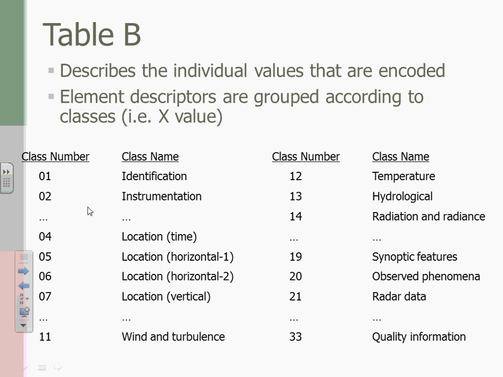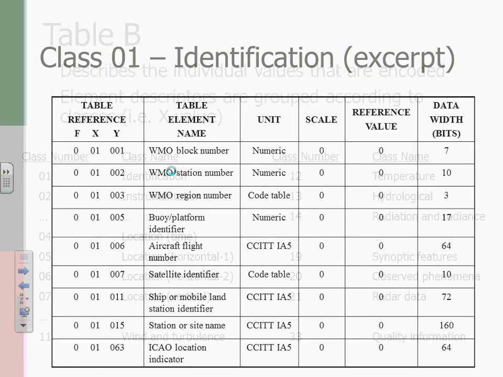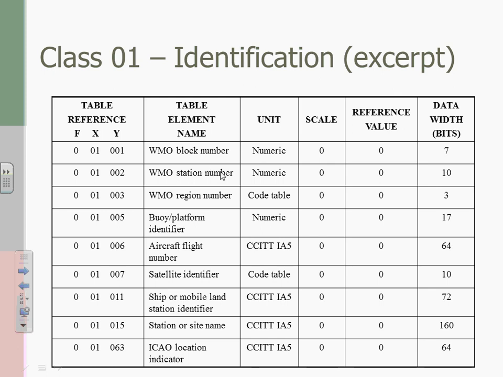So these are the examples, and class 00 represents identification or instrumentation and everything. So the next one is an excerpt from class 01, identification class descriptors. These are table B descriptors, which are element descriptors.